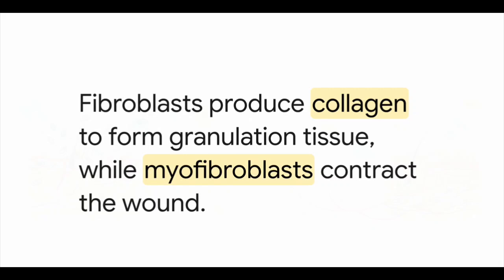This forms what we call granulation tissue, which looks pink and granular to the naked eye. At the exact same time, a specialized subset of cells called myofibroblasts activate. These cells possess contractile properties, and they literally contract to pull the wound edges closer together, shrinking the total surface area that needs repairing.